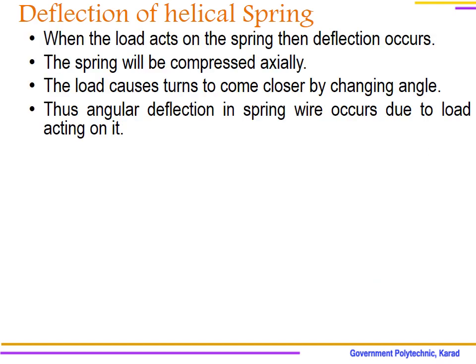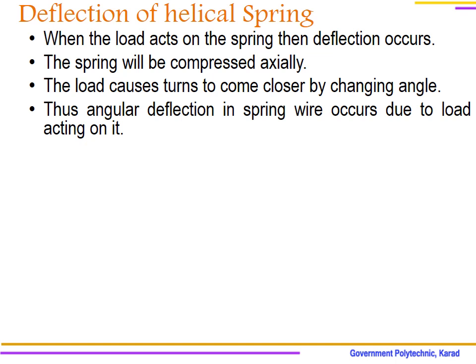Now we will be moving ahead and learning about the deflection of spring. We know that whenever force is acting on a spring, there is deflection, and the turns of the spring will try to come closer. We say that the spring is compressed and there is axial compression. There is axial movement also whenever load is acting on a spring.